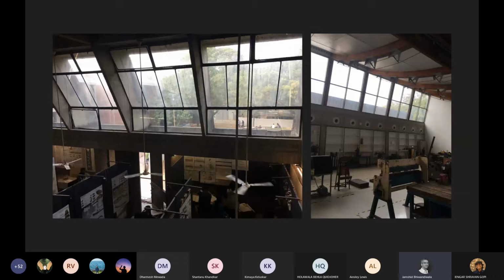But on the other hand, he now has the possibility that he can go about detailing out the salient features of his building.